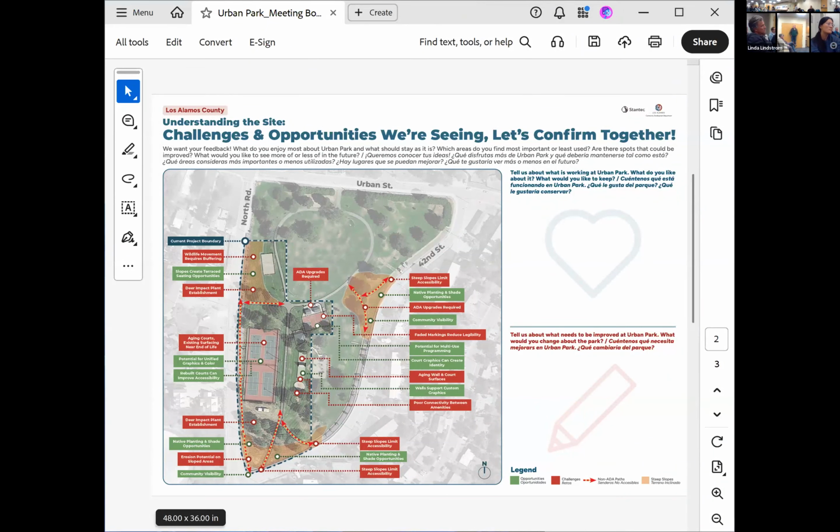But yeah, anything that we actually build now that we touch has to be thought of as ADA accessibility. So just so I'm understanding, everything that is touched or renewed has to meet the new requirements of safety and accessibility. And right now, we don't meet those because it's being grandfathered in. But as soon as we touch it to renovate it, it needs to be brought up to code.